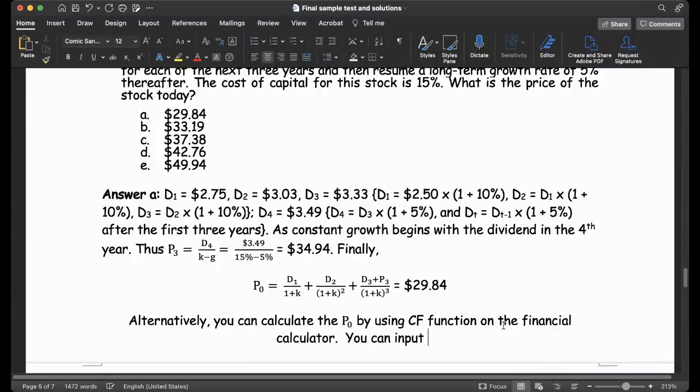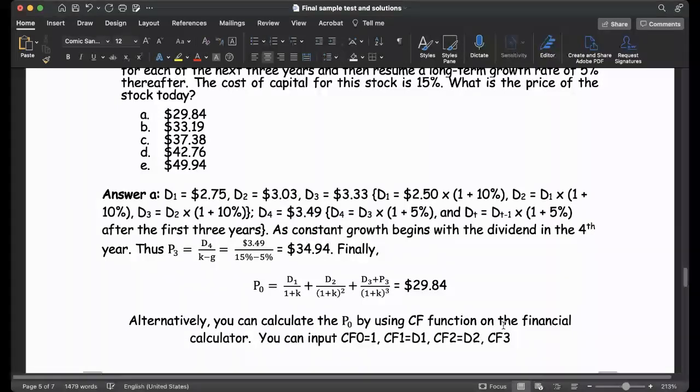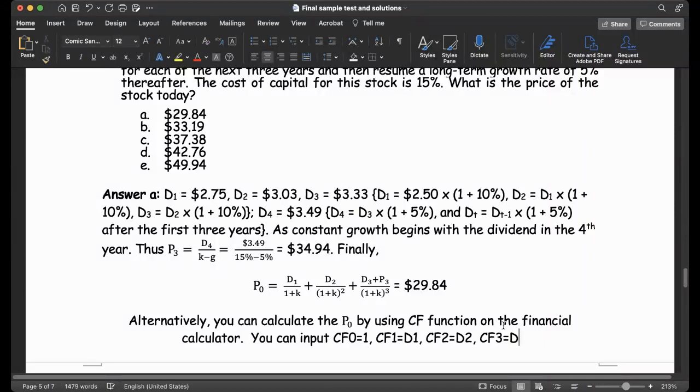You can input cash flow 0 as 0, cash flow 1 as D1, cash flow 2 as D2, cash flow 3 as D3 plus P3.